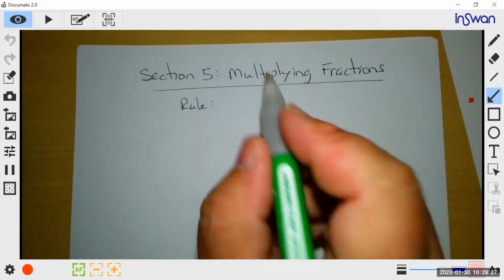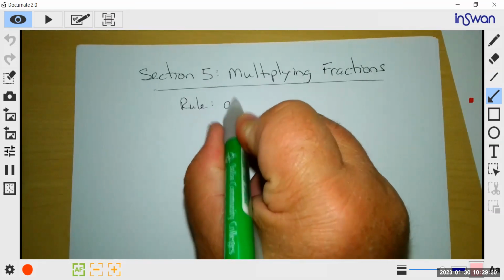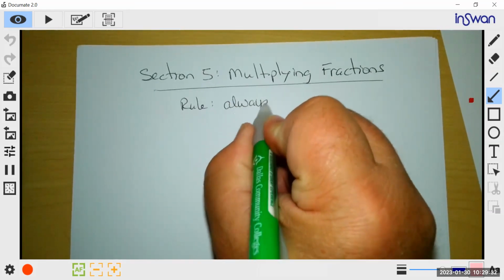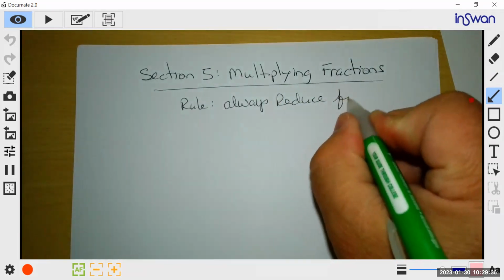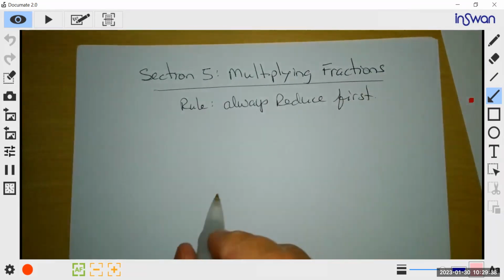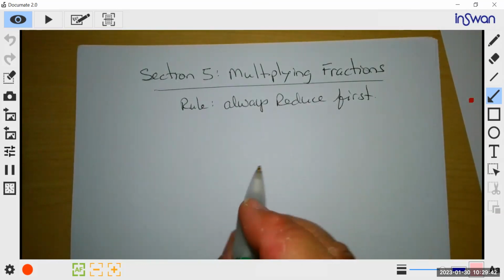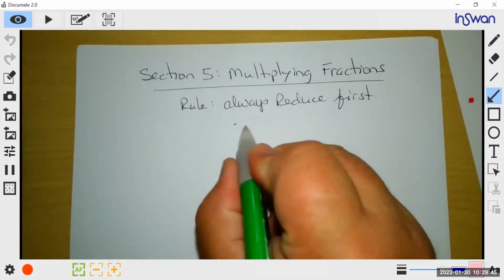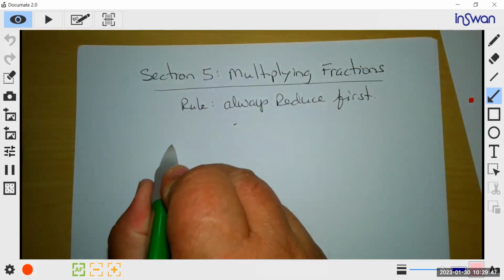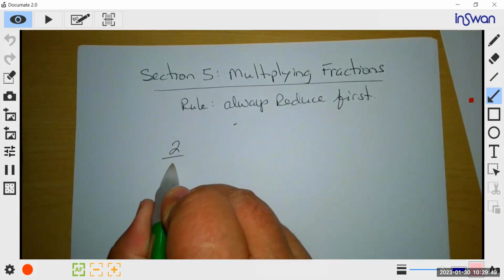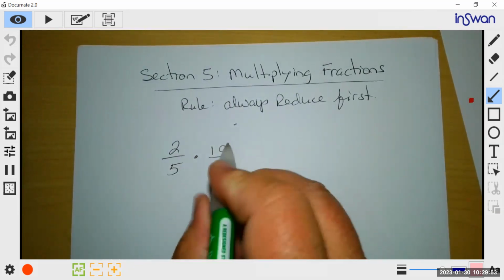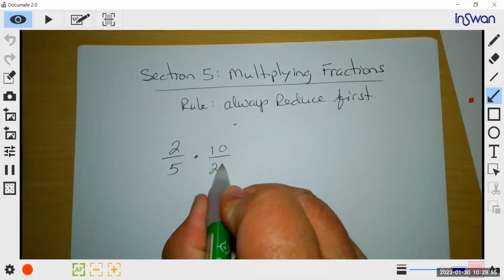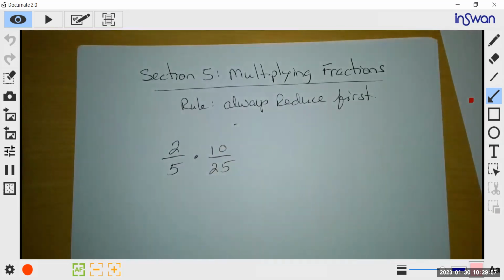When you're multiplying fractions, always reduce first. So if I had 2 over 5 times 10 over 25.